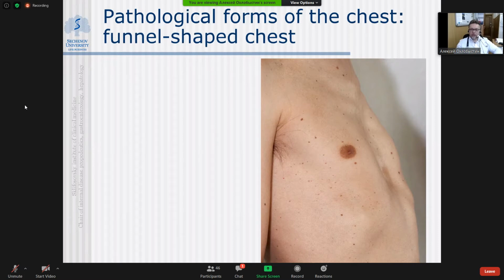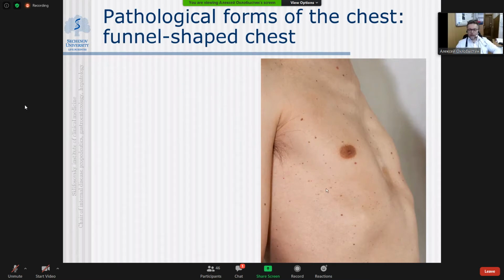It's funnel-shaped chest. Well, impression into the sternum may be acquired, may be the result of trauma, damage, but in that patient, it's inborn. Just patient was born with the chest like that. Some deformity of ribs, deformity of the sternum. That again, in this certain patient result in just predisposition for disease. Patient had no pneumonias, no respiratory failure.